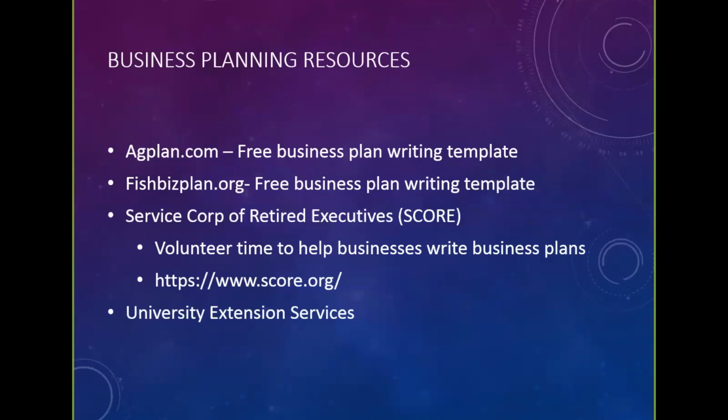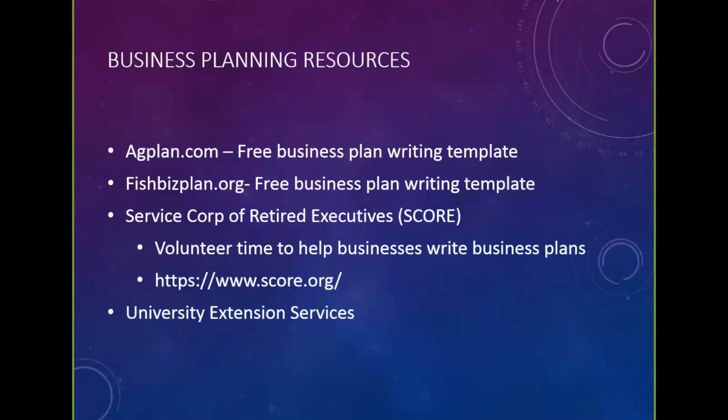In the last year or so, there's been one put up called fishbizplan.org, which focuses on the commercial fishing industry, but could be adapted to aquaculture very easily, and it is put together by the same people that did agplan.com. Those are put together by the University of Minnesota Extension Center for Farm Financial Management, I believe. It's really good products.